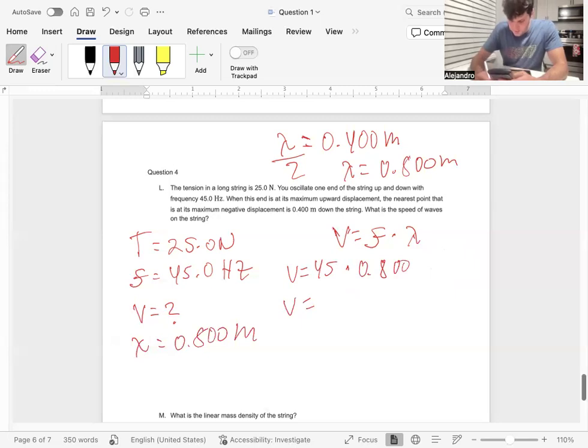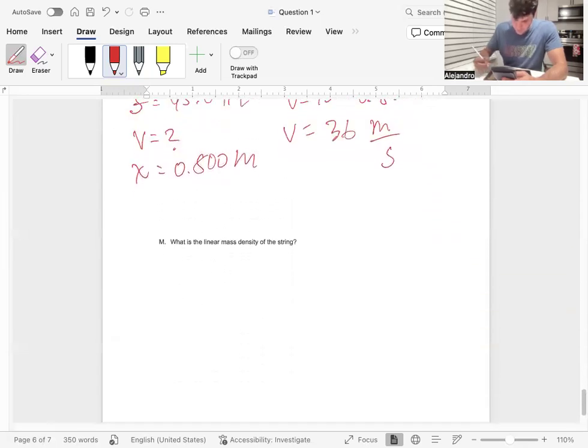And we calculate. 36. Let me double check that. 45. And the speed is going to be given by 36 meters per second.